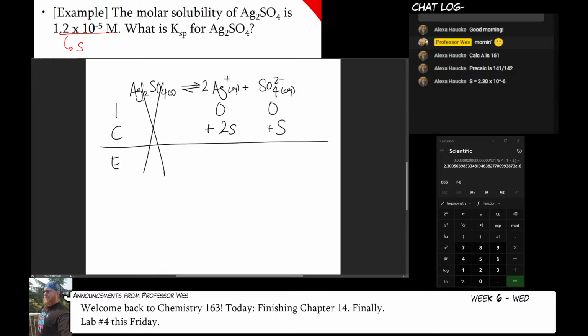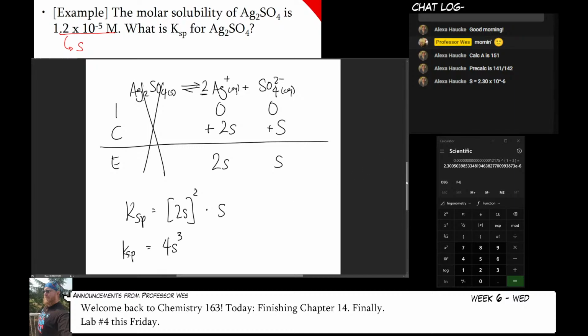We'll form 2S of our silver. We'll form S of our sulfate. And then KSP must just be 2S squared times S. Or this again, right?